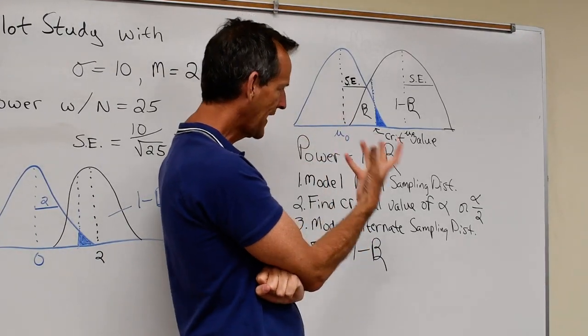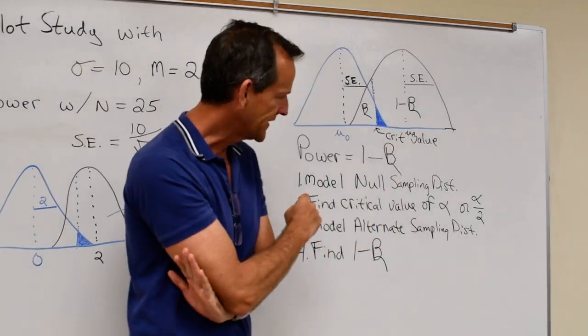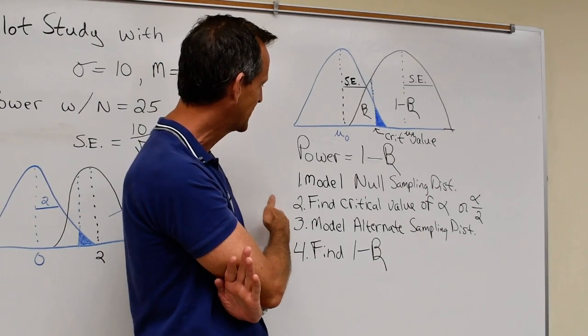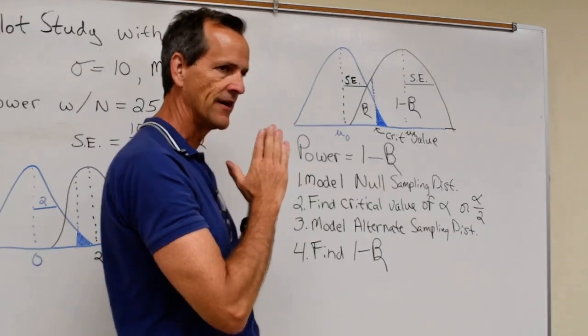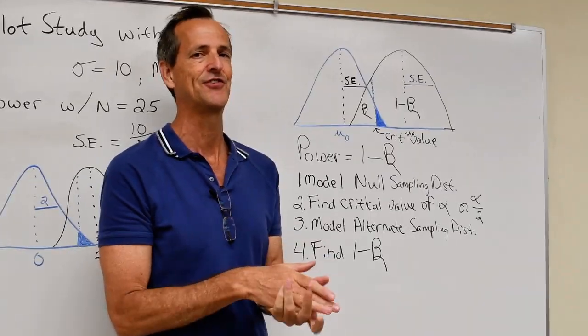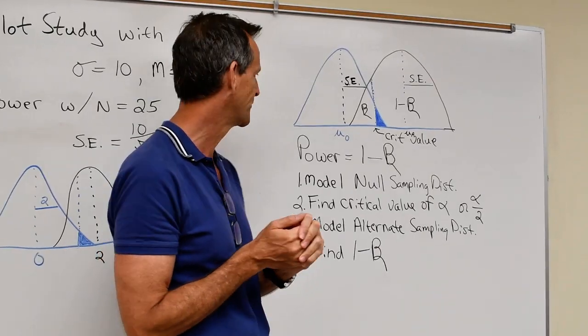So how do we estimate power? I'm going to go through an example of how to do it, but these are the basic steps. We have done a lot of modeling of hypotheses in the last chapter, and we're going to draw on those same skills for this one.